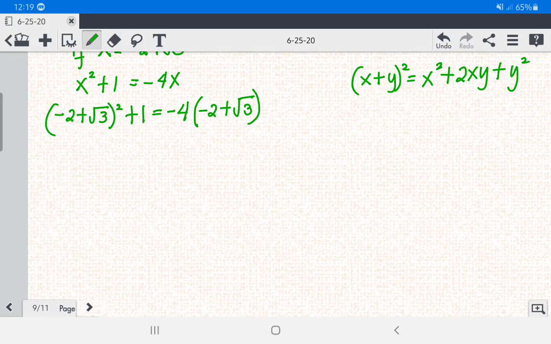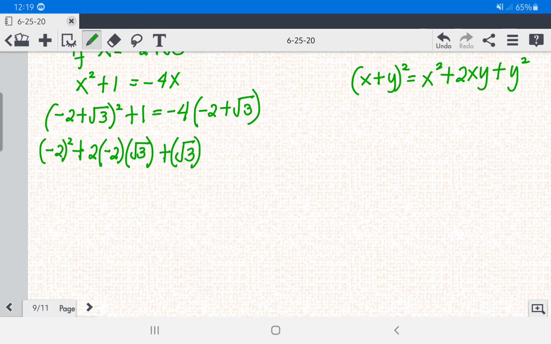So the first term here is negative 2. The second term is square root of 3. Then, applying the concept, we have negative 2 squared plus, because here we have addition, plus twice the product of the first term, which is negative 2, times the second term, square root of 3. Then plus the square of the second term, so square root of 3 squared.